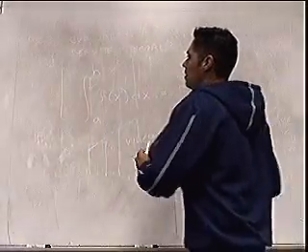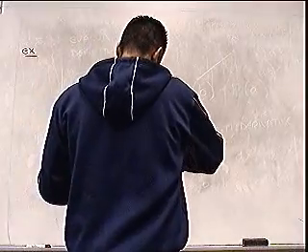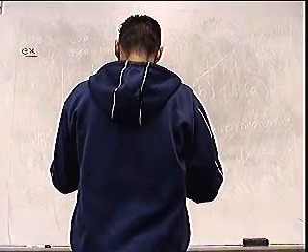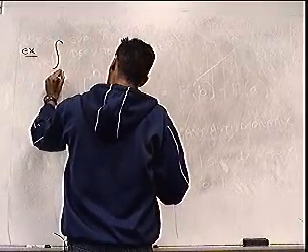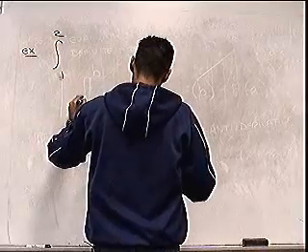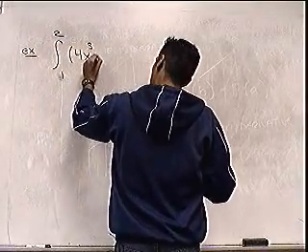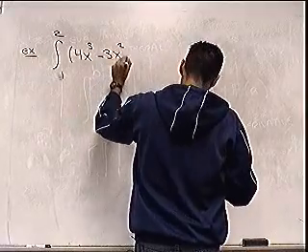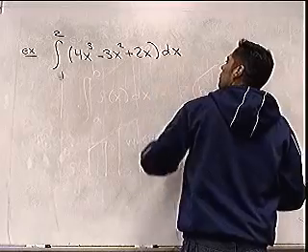Let's find the antiderivative, or the definite integral. I keep on saying antiderivative. Definite integral 1 to 2 of 4x cubed minus 3x squared plus 2x dx.